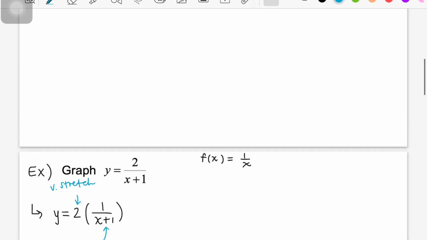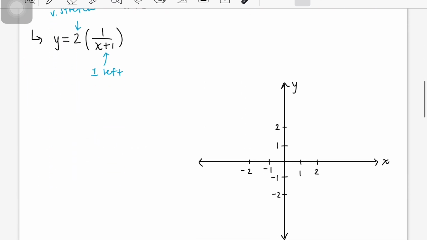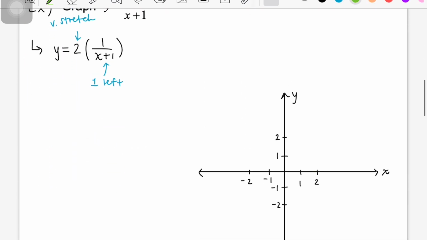Okay, so going back to our reciprocal function here, this is our parent function, this is what our graph looks like. So if we're going to shift this 1 unit to the left, this means our vertical asymptote is going to be right here at x is equal to negative 1. So we'll have a vertical asymptote just like this here.